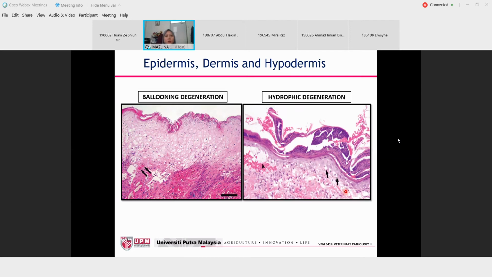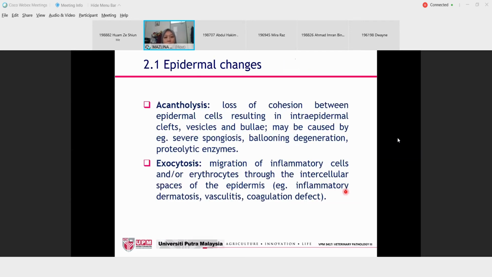Right. Next, we have acantholysis. Acantholysis is basically loss of cohesion between epidermal cells resulting in an intraepidermal cleft, okay, formation of cleft, vesicle, or even bullae. This may be caused by a condition like severe spongiosis, ballooning degeneration, and even proteolytic enzymes released by certain inflammatory cells like neutrophils or even eosinophils.